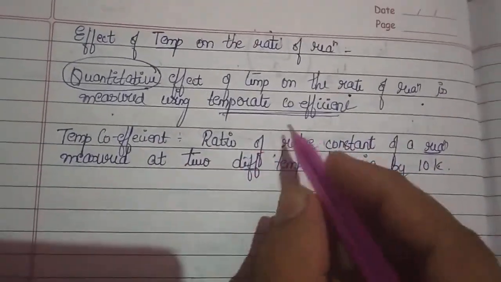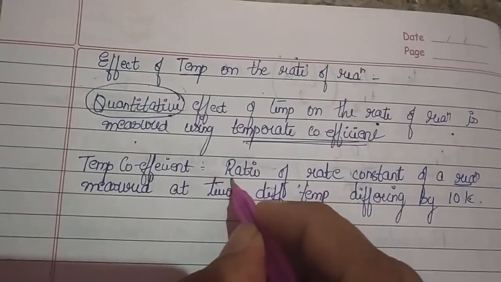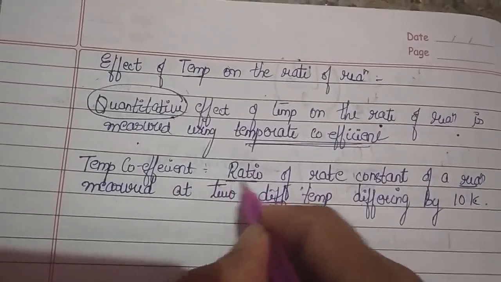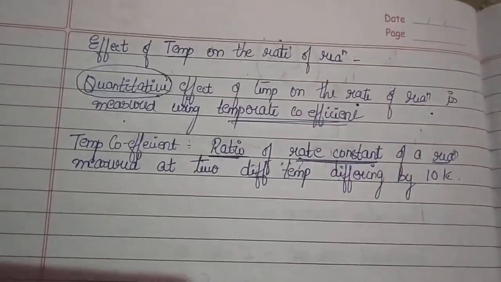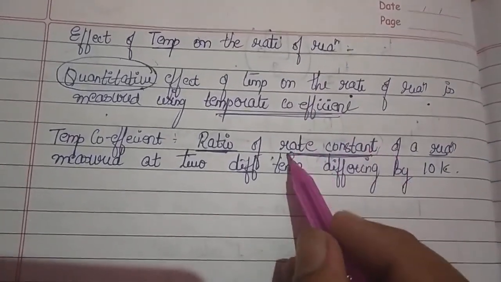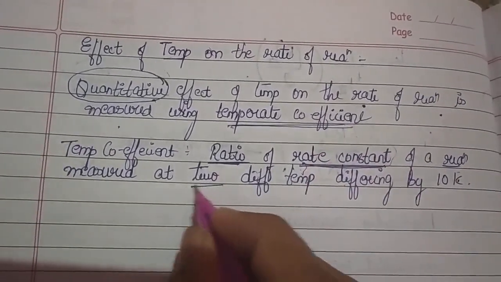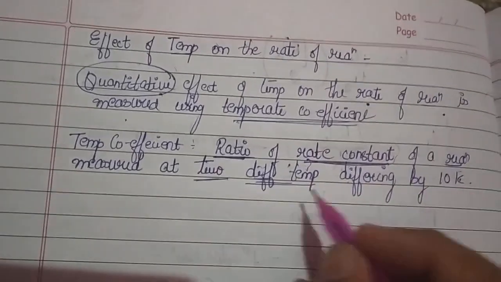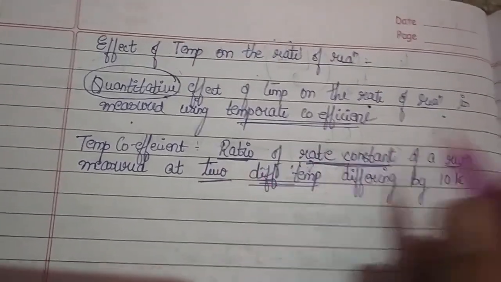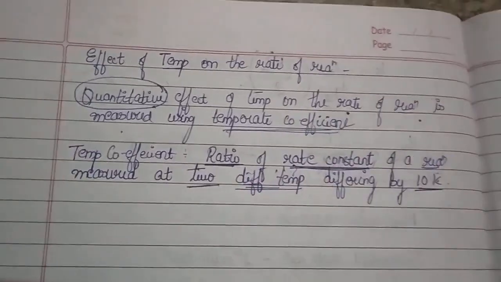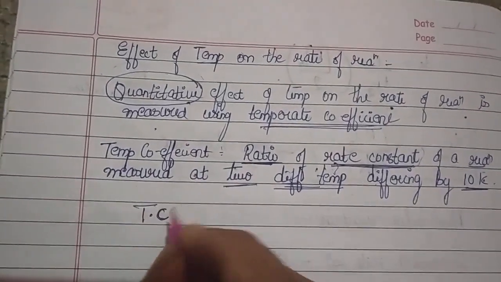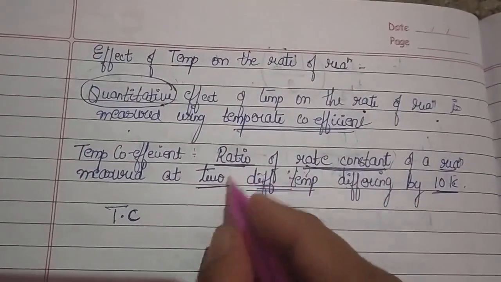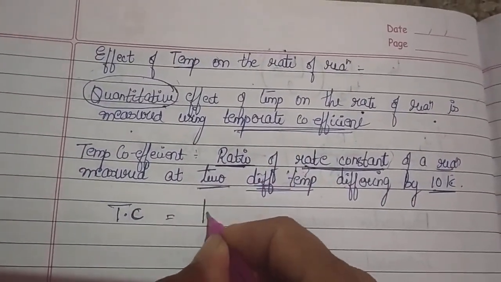You just mark my words here. The temperature coefficient is defined as a ratio of the rate constant when it is measured at two different temperatures, and the difference between those two temperatures is 10 Kelvin. If I take TC as my temperature coefficient, it is the ratio of the rate constant.